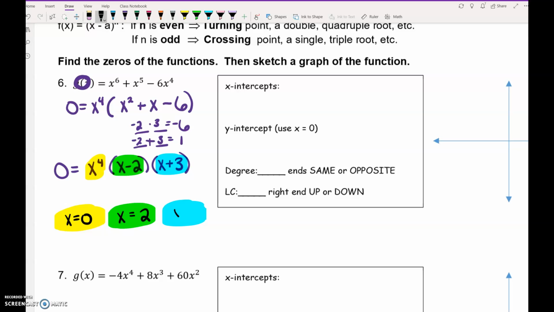And the blue? All right. So the x-intercepts are 0, 2, and -3. I'm going to put those in numerical order. So -3 first, then 0, then 2. When we actually put this on the graph, having them in numerical order is going to be helpful for us.